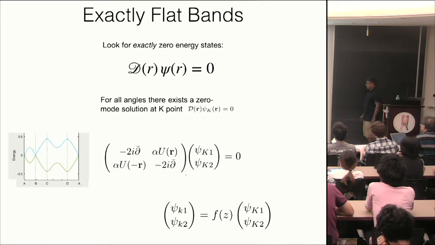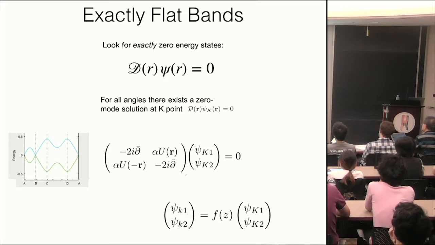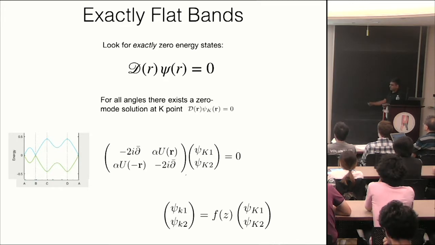For a solution to this problem, for this block Hamiltonian, this function should be a periodic function of position. So if I translate by a Moire vector, it should be some wave vector k times some periodic function. The question is, can you arrange for these periodic functions to come out?